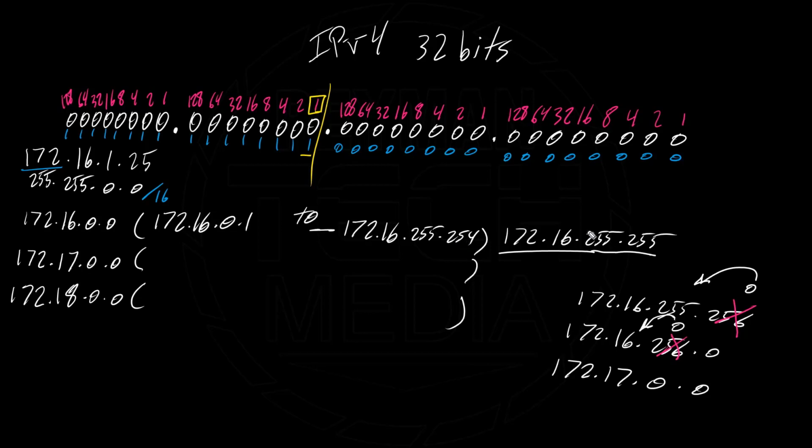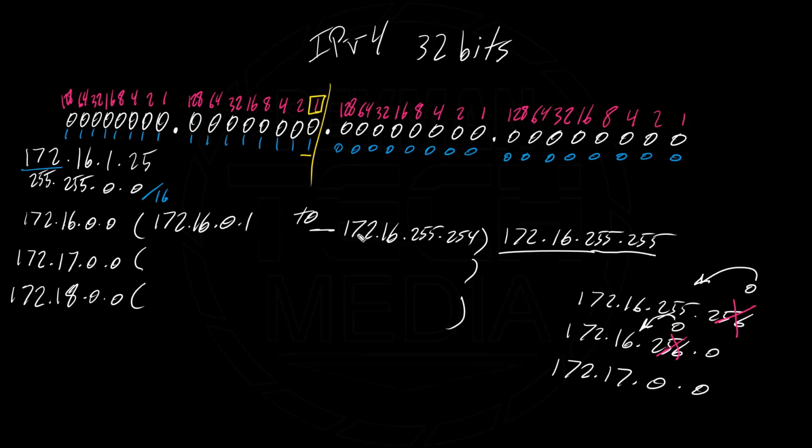So if we add one IP address, it will be 172.16.255.255 here. So always the last available IP address is 1 less than the broadcast. And the first available IP address is just 1 after the network, adding 1 IP address to the network address. So 172.16.0.0, adding 1 IP address would be 172.16.0.1.